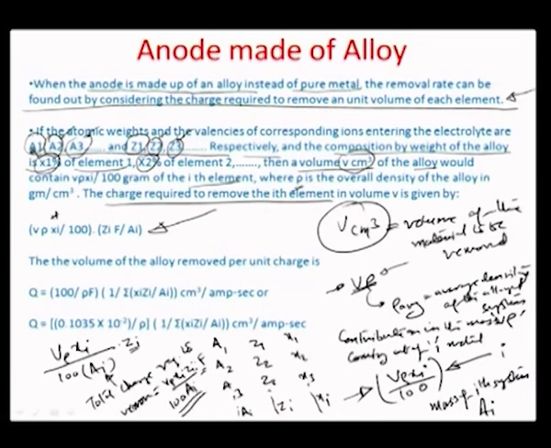So, that is the overall charge which is needed to remove the ith element in the volume V of the given alloy composition.